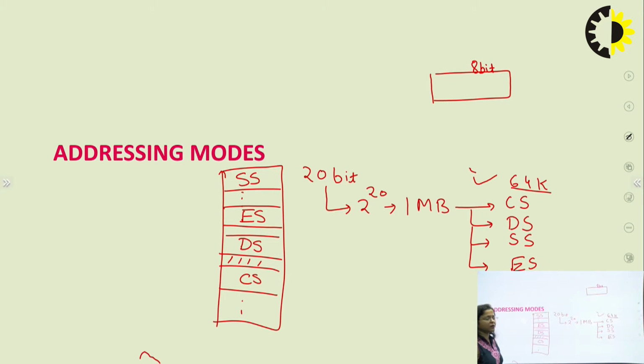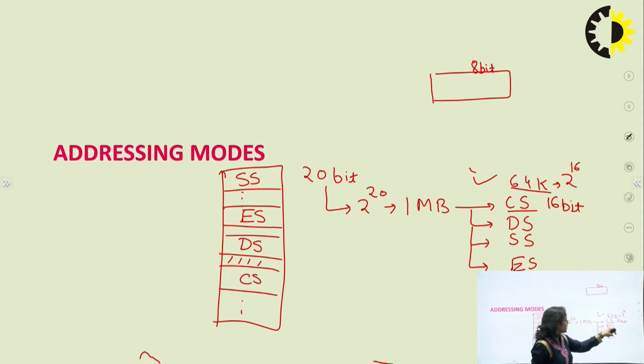The register used to specify the starting address of each segment is 16-bit in size, since 2 to the power 16 is equal to 64K.